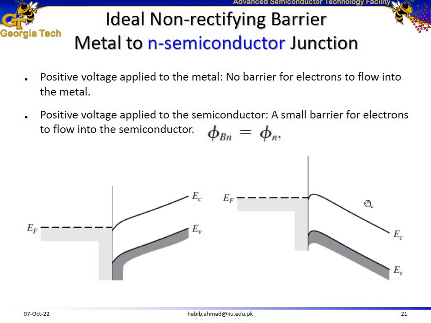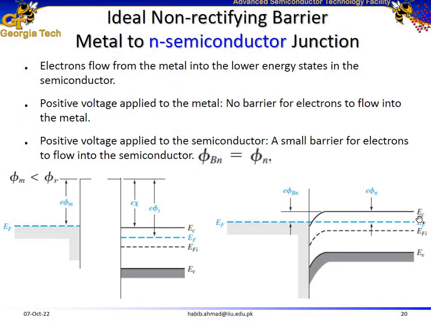Still, electrons would be able to flow from the semiconductor to the metal, but there is going to be a small barrier for electrons. But then it's going to be easier for electrons to flow from the metal to the semiconductor side, and this barrier height is equal to phi n. The difference of phi n is the difference of EC minus EF. This is this barrier height over here.